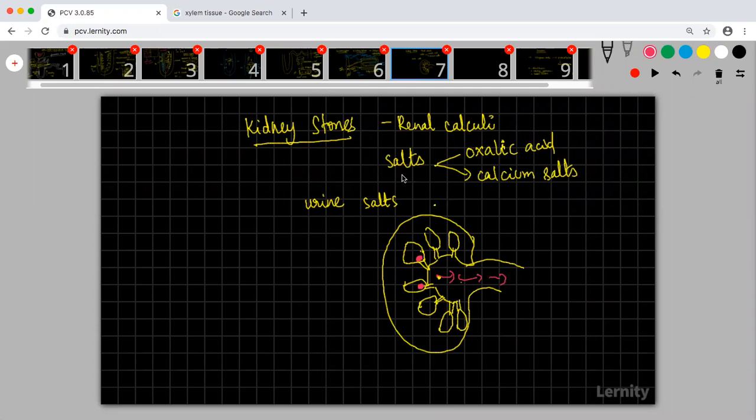It is because of the content of oxalic acid and calcium salts, which increases because of your diet. Diet is one reason, what kind of food you are taking. The second thing that is going to impact this is insufficient water drinking.